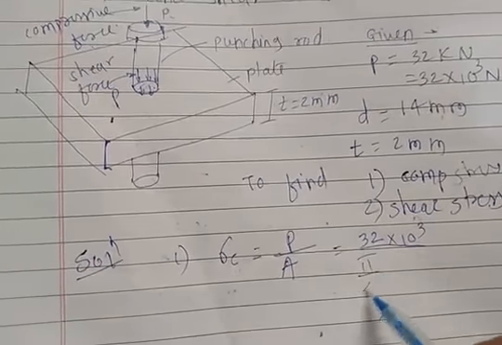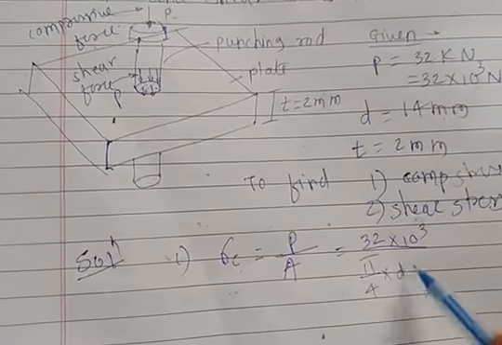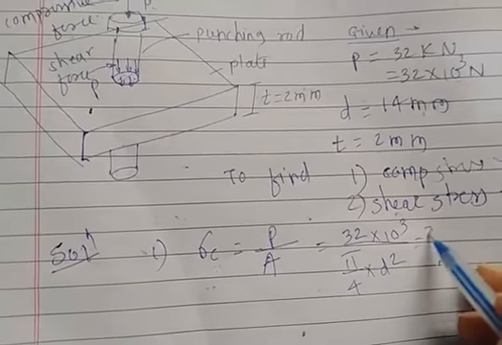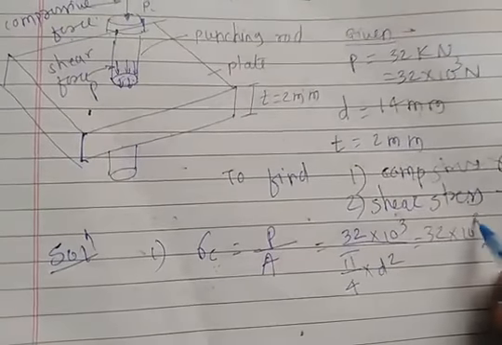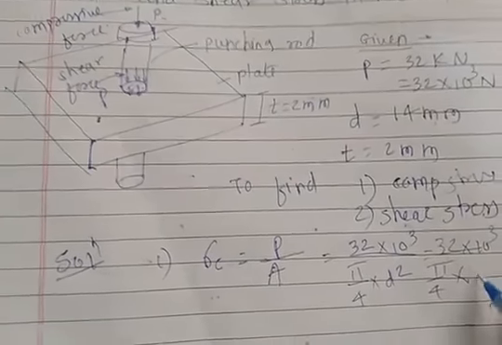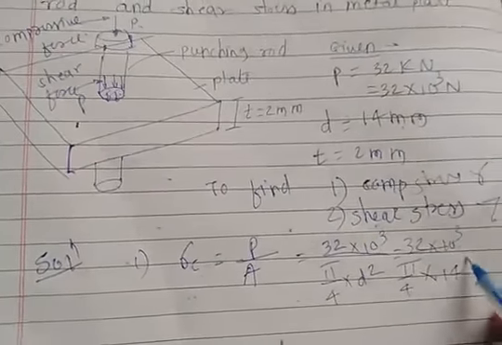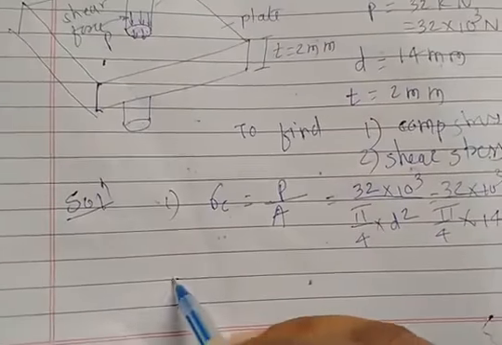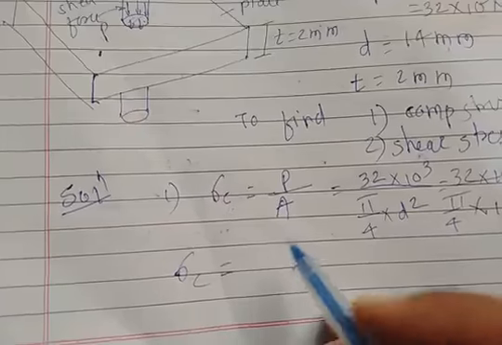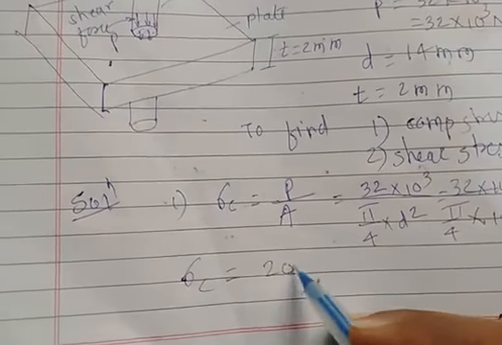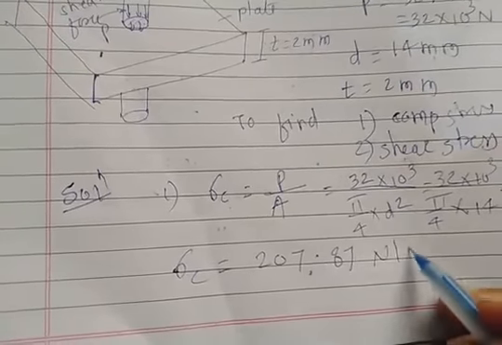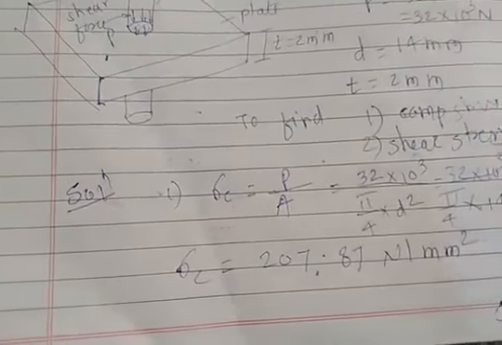Now put down the value of d: 32 into 10 raised to 3 upon pi by 4 into 14 square. After making this calculation we get the value of compressive stress as 207.87 Newton per mm square. This is the unit for the stress.